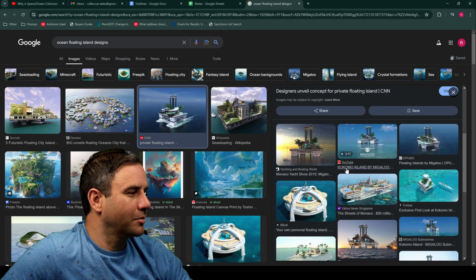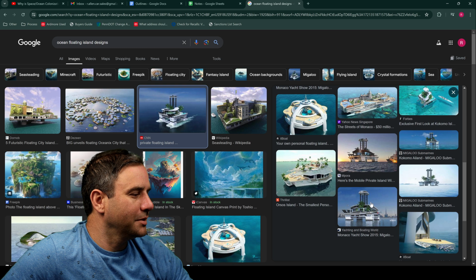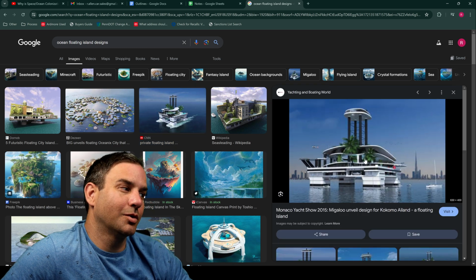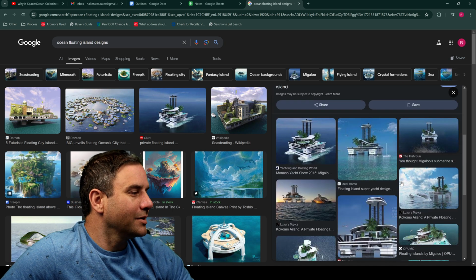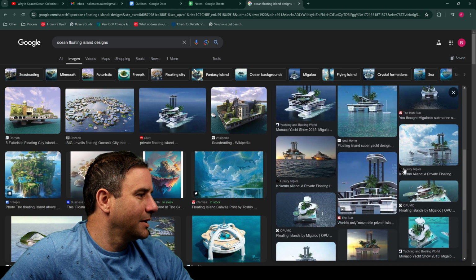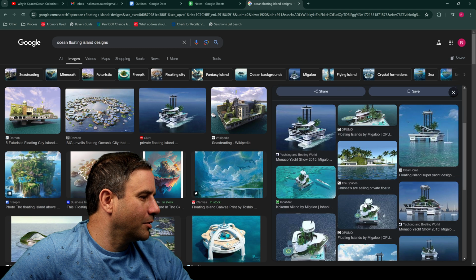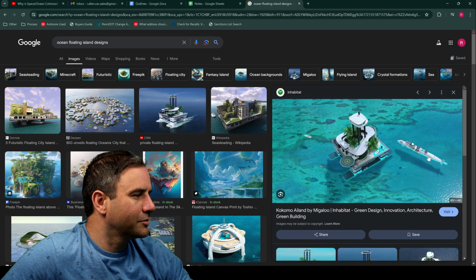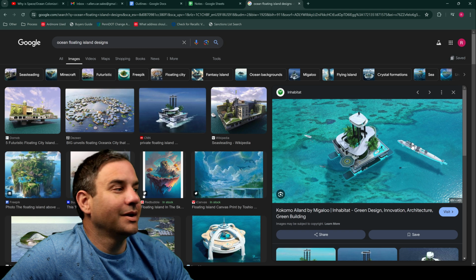Also, a few years after this one, I think it was the mid 2010s, you started to see this design a lot. Gosh, I'm trying to think. Oh, Kokomo Island by Migaloo. And Migaloo, not only did they have this design for the island? Oh my God, what a cool island, right? That was such a cool design. But they also had a submersible yacht, a submarine. That is really cool.